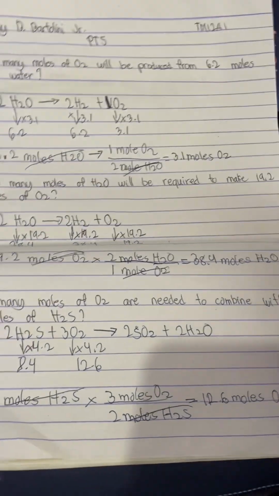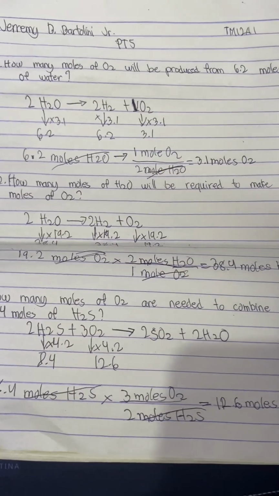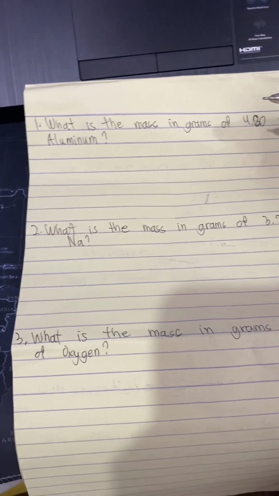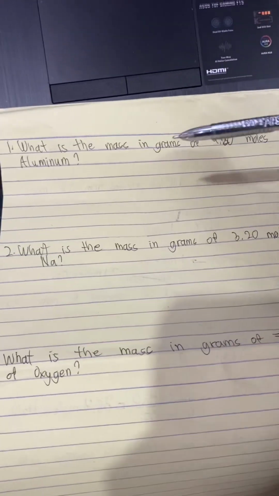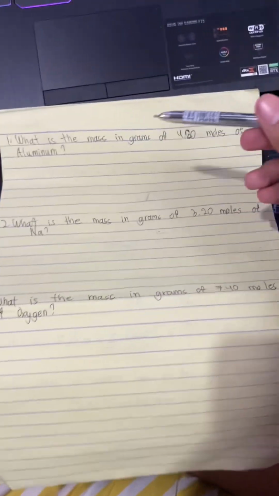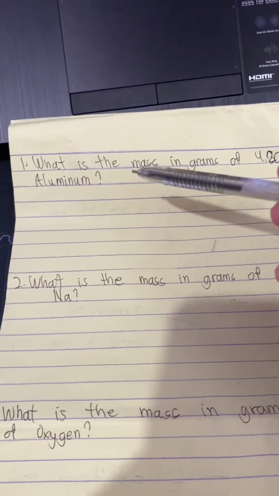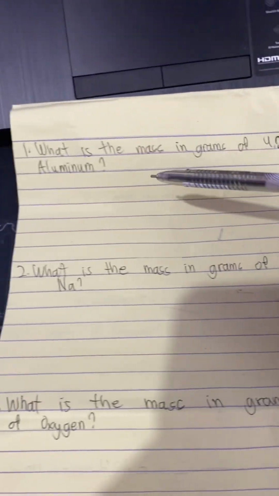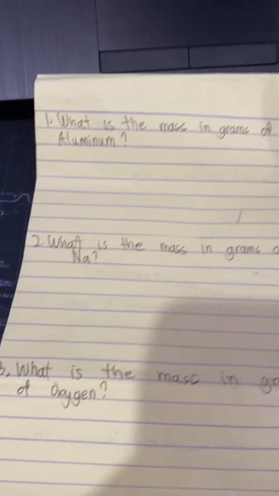Let's proceed to the gram-to-mole conversion. So these are the gram-to-mole problems that I put. Let's start with number 1. What is the mass in grams of 4.30 moles of aluminum?